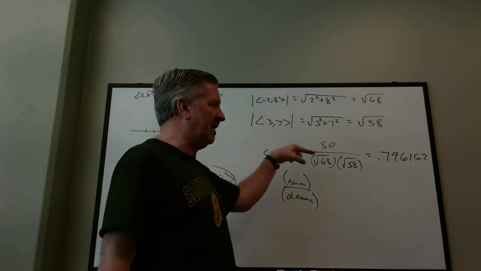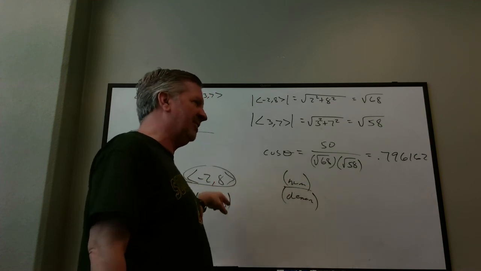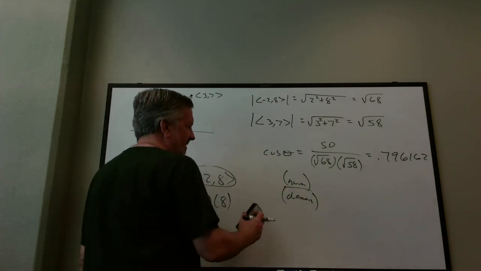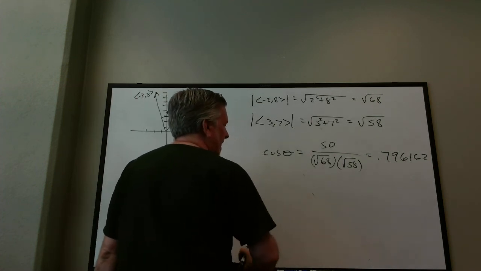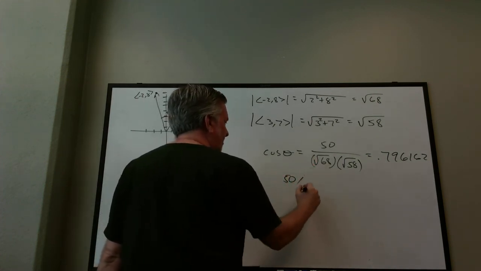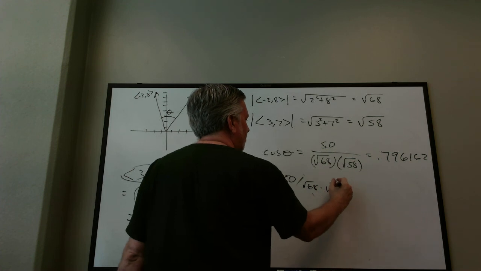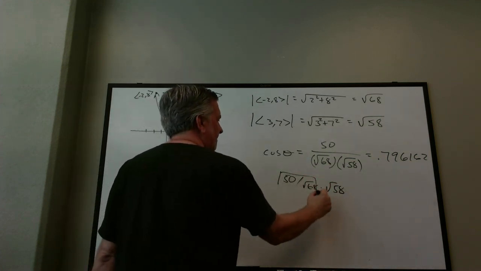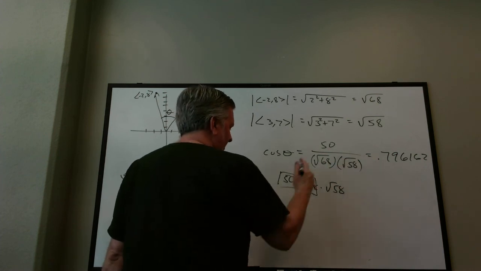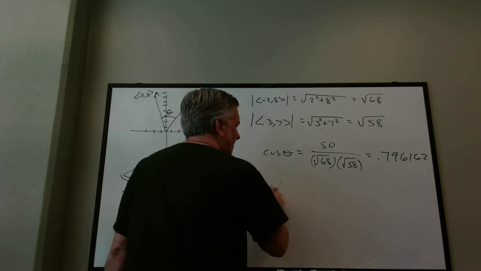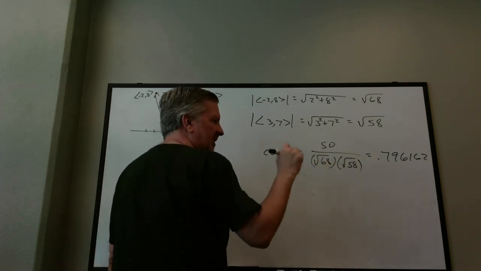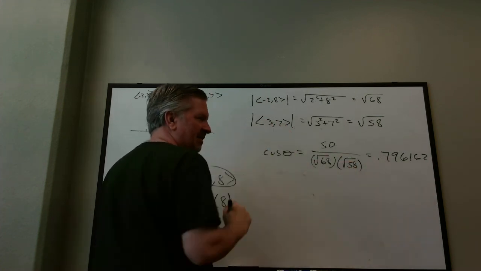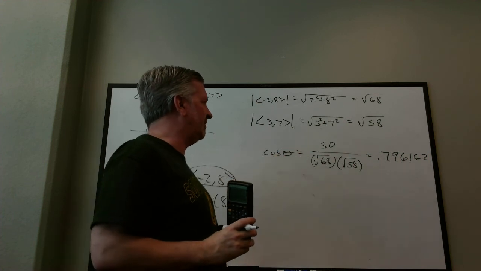If you type this in as 50 divided by root 68 times root 58, your calculator is going to follow order of operations. It's going to do 50 divided by root 68 and multiply by root 58 instead of dividing. When I typed this in, I did 50 divided by root 68, enter, then divided by root 58, enter. I just did it as 2 things because there are so many parentheses to deal with.